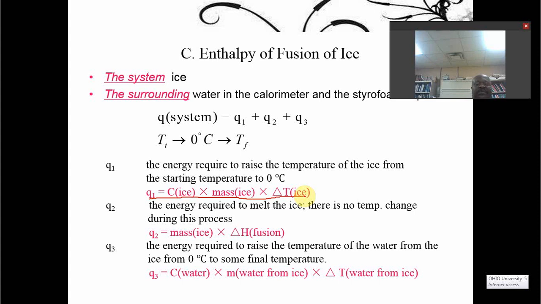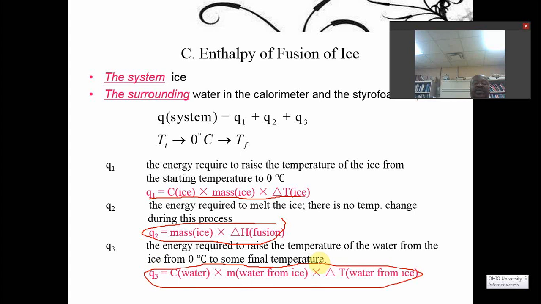It will tell you the specific heat capacity of the ice. You will know the mass of the ice, and then figure out what the delta T is. For the enthalpy, for the melting, call that Q2. Well, we just have the mass and the enthalpy. And then for the water, this is the water that came from the ice. It goes from 0 to its final temperature.